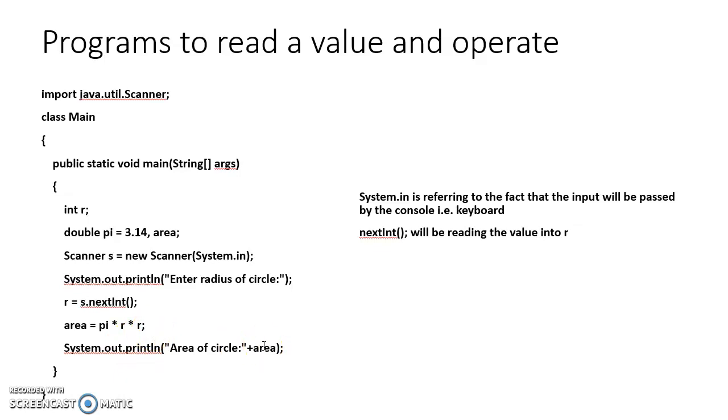So you have a class called main, and inside that you have the main function. You have an int variable called r for the radius. You're defining a variable pi, which is equal to 3.14, and another variable called area. Now to read in this value, you have to use this class called Scanner.